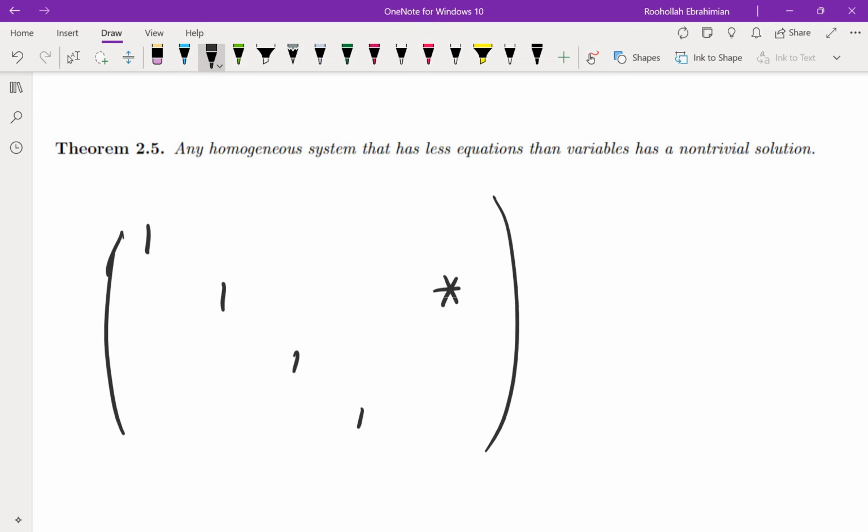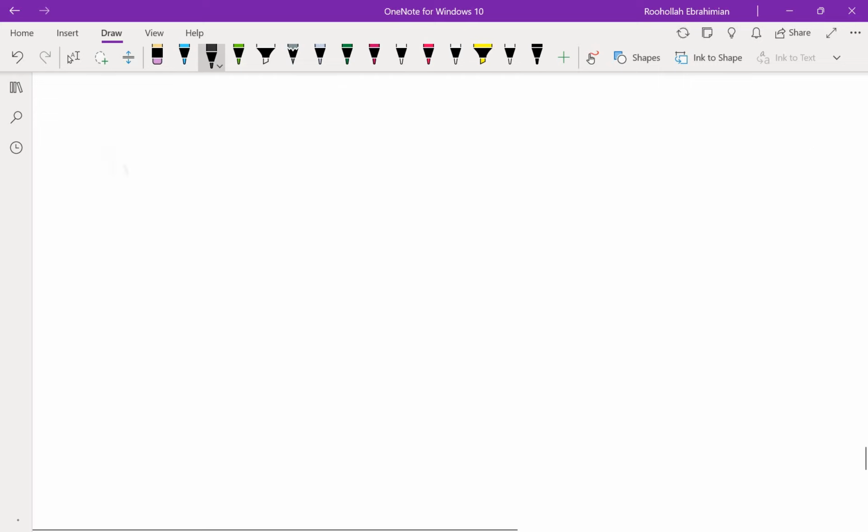There are some columns that are not pivot columns. If you take one of those variables, it could be completely arbitrary. So if you set that variable equal to 1, you can find all of the other variables in terms of it. And if you do that, you get infinitely many solutions, in fact. In other words, you have at least one non-trivial solution.